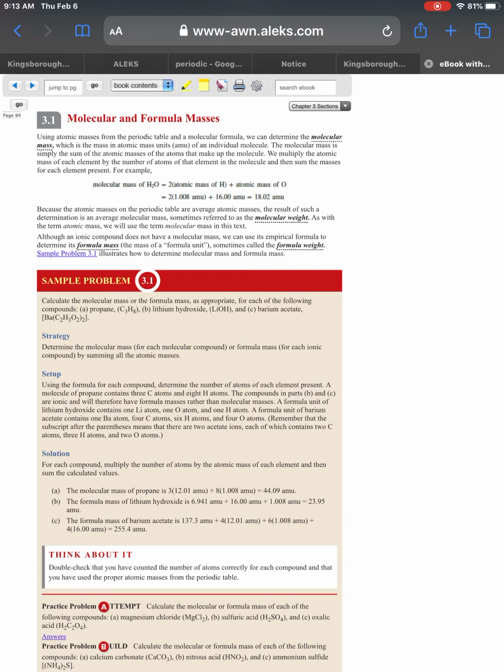So 2 times 2 is 4, so 4 carbons. What about hydrogen? There's a 3 subscript, but there's a 2 outside the parentheses. So that's 6 hydrogens, 3 times 2. And then oxygen, 2 times 2. So anything inside the parentheses is multiplied by the number just to the right of the parentheses. Okay, so 4 carbons, 6 hydrogens, 4 oxygens.